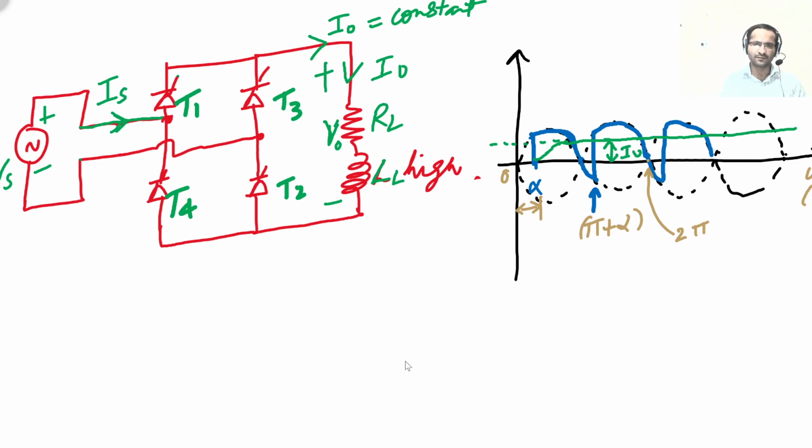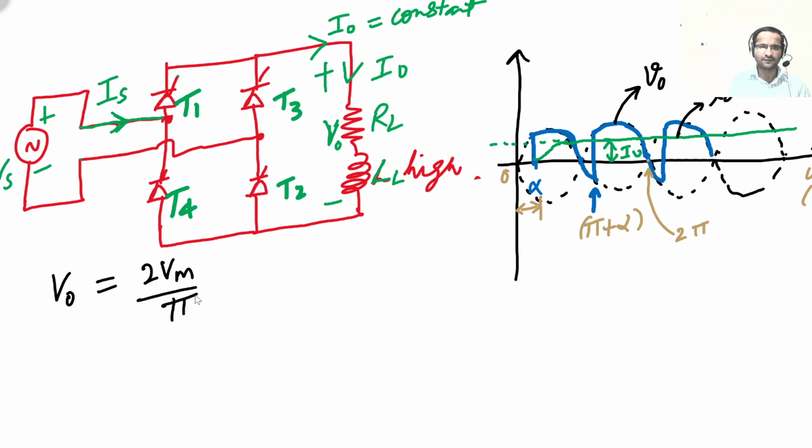So we have plotted both current and voltage waveforms here. This is output voltage with respect to the omega t axis, and this is output current. This is how they change with respect to time. Now if you calculate the DC output voltage, it is 2 Vm by pi cos alpha for continuous conduction for a full wave rectifier.